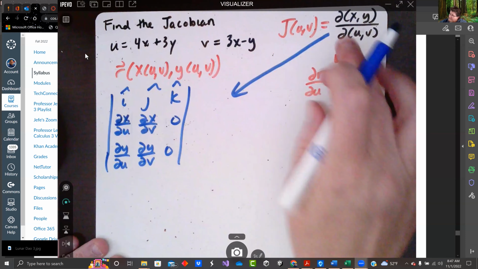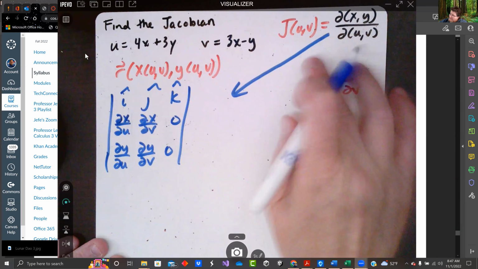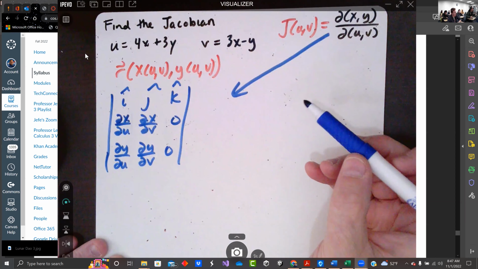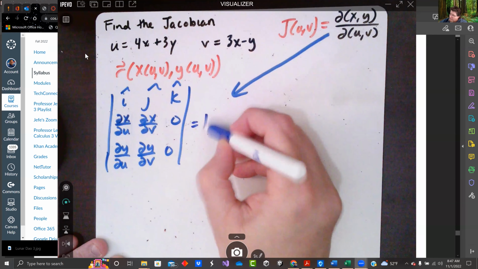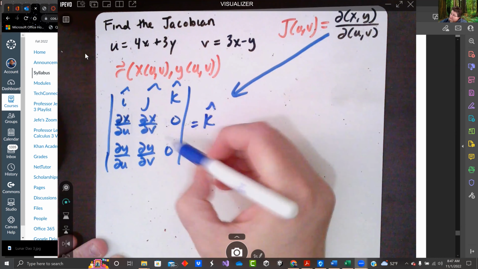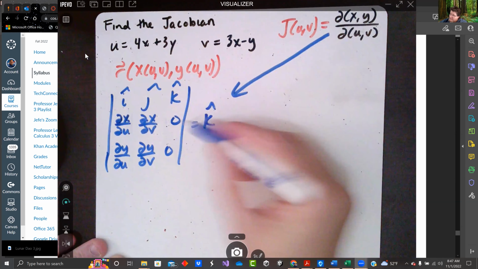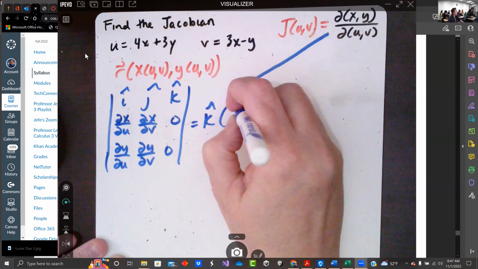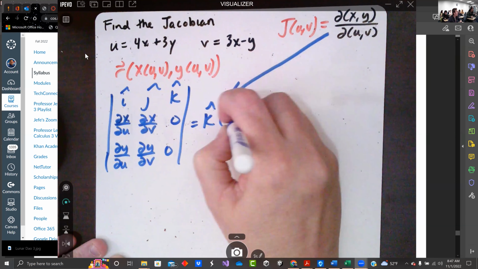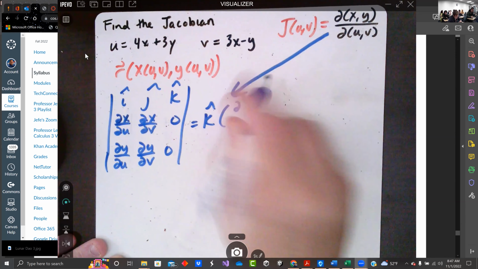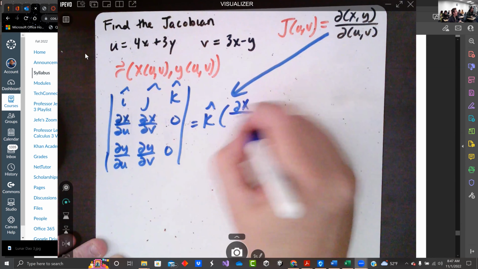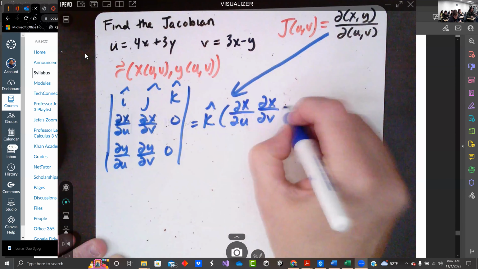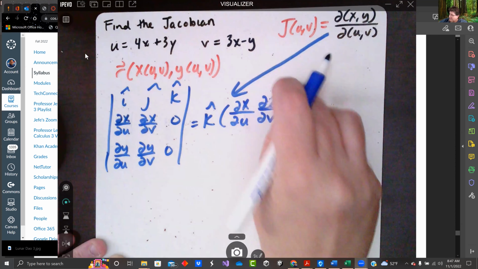These are connected. This is the Jacobian. So if we go along K, K is the only one that's really going to have anything, right? I and J are going to zero out because of these zeros. My bad, that's a Y.